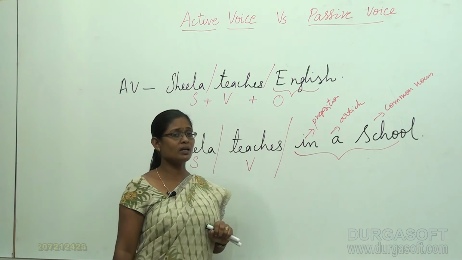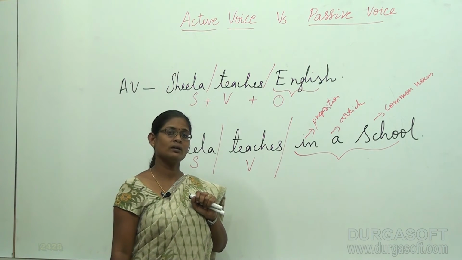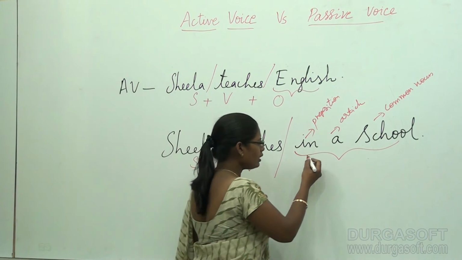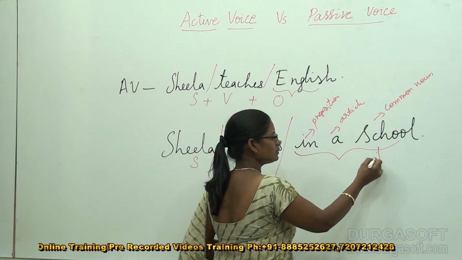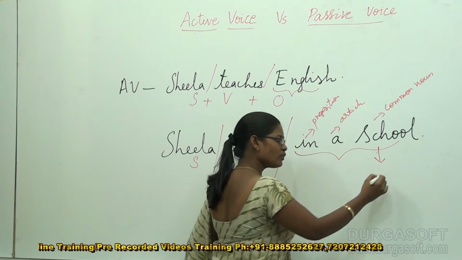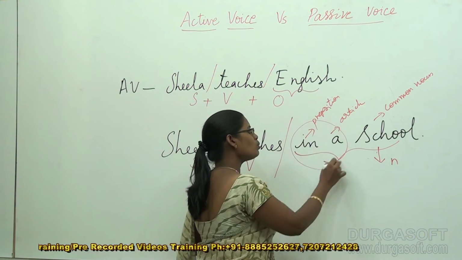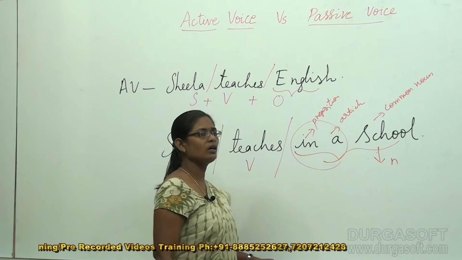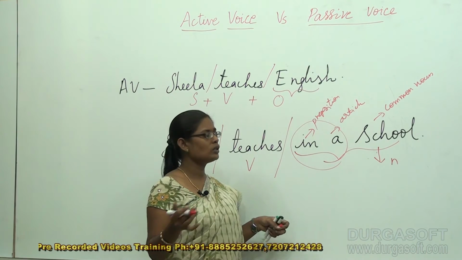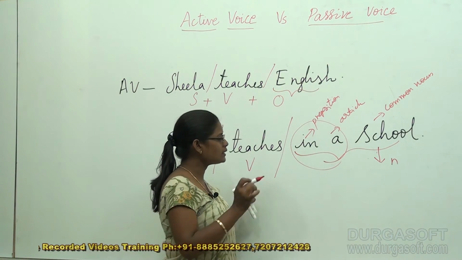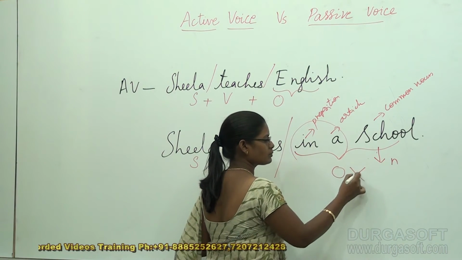But here in my second sentence, I am unable to do that. Why? Because I have got n number of words here. Of course, this is a noun. But before the noun, there are two more words which are really different from each other. So I cannot consider this whole part as object.